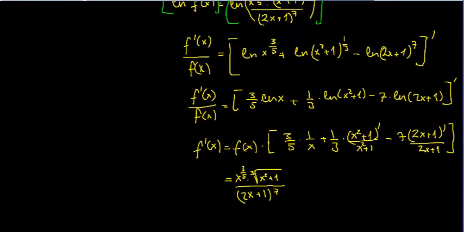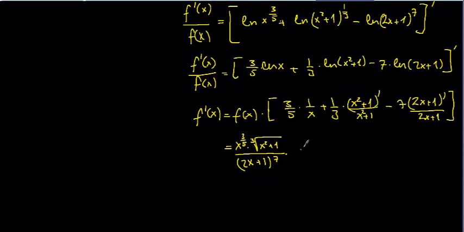Okay, then times 3 over 5x plus the derivative of x squared plus 1, which is going to be equal to 2x over 3 times (x squared plus 1), plus here, and there is going to be minus.